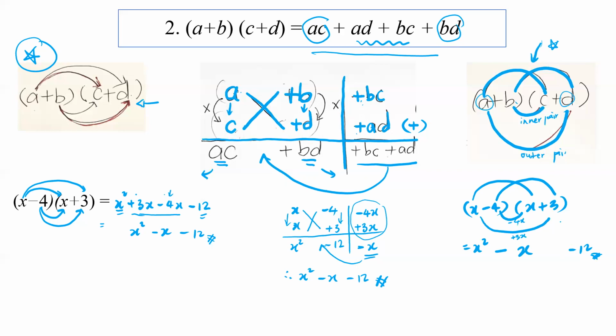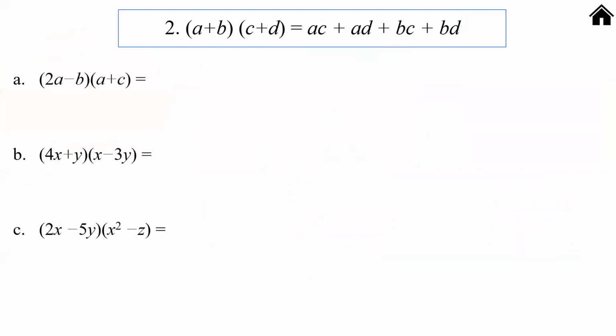Have you got this skill? All right, and then just focus on the first skill, which is this one. Now let's move on with more examples to apply this method. Over here, first with the first, so 2a times a, we have 2a squared. First with the second, positive here, so it's positive. 2a times c is 2ac.